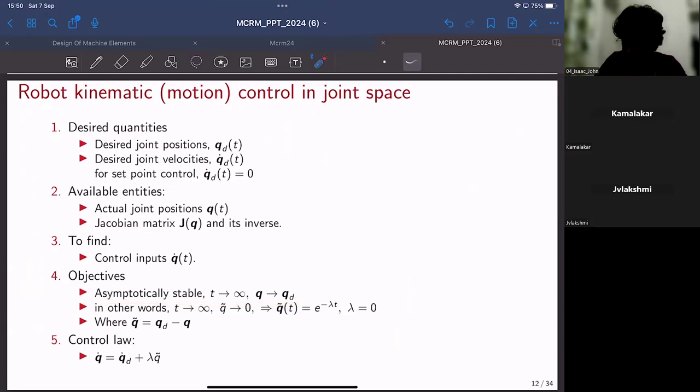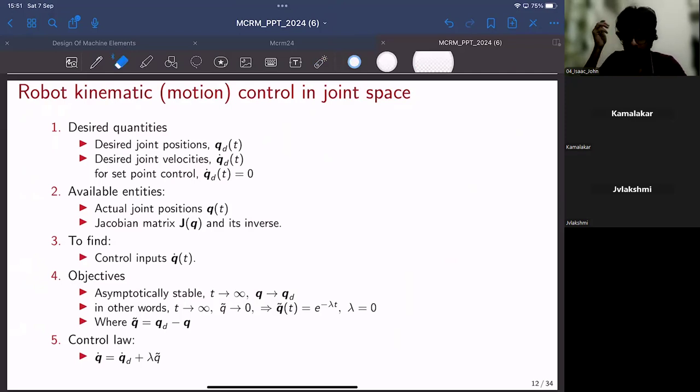Here, stability means as time tends to infinity, the difference between the actual position and the desired position will be 0. Q desired minus Q should tend to 0 as time tends to infinity. So if that is our requirement, how can we design our motion controller?